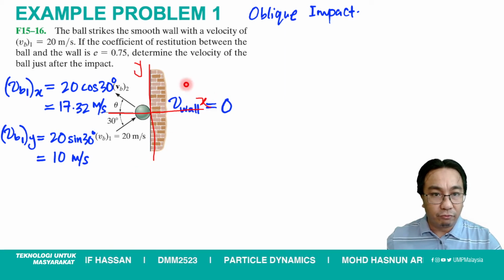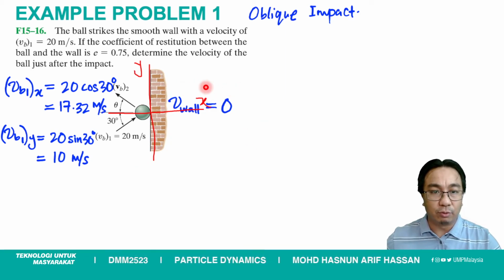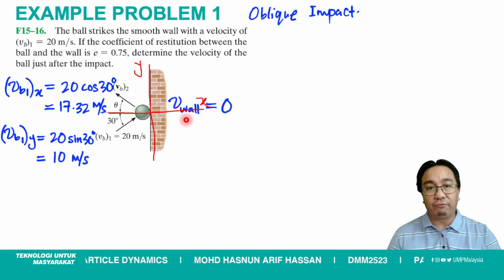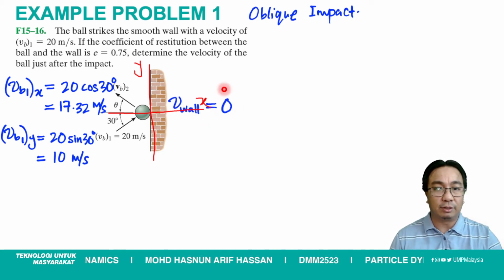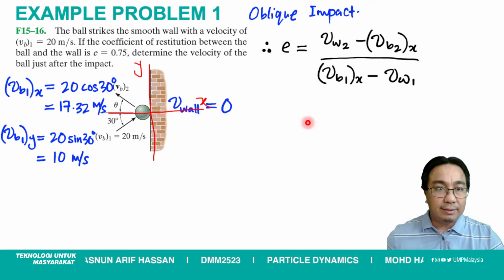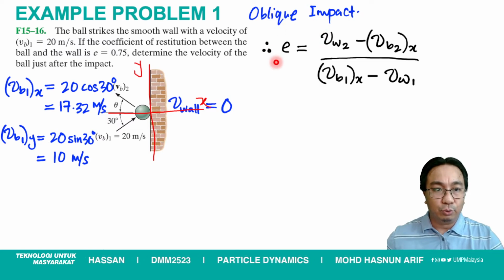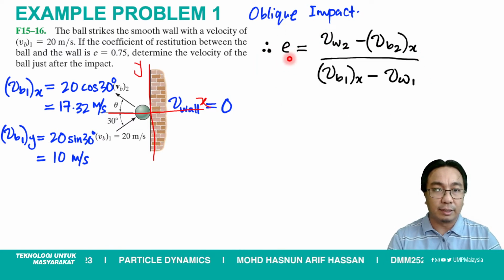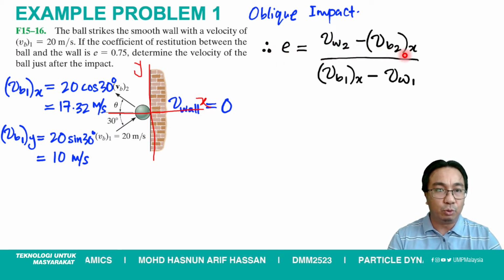And we know that V wall is equal to 0 before and after impact, because the wall is never gonna move. All right, so first let's straight away use the coefficient of restitution to get our first equation. So E is equal to V wall 2 minus VB2x.